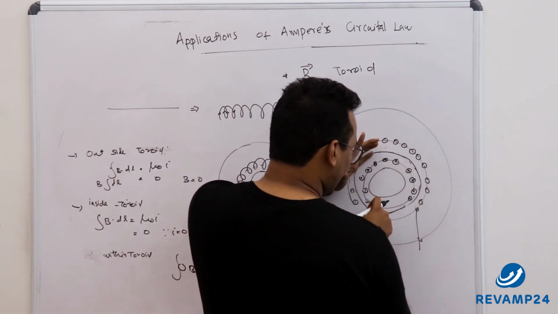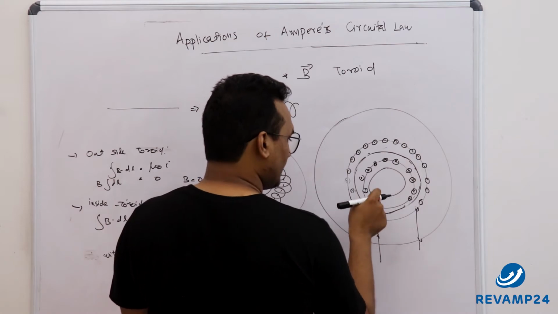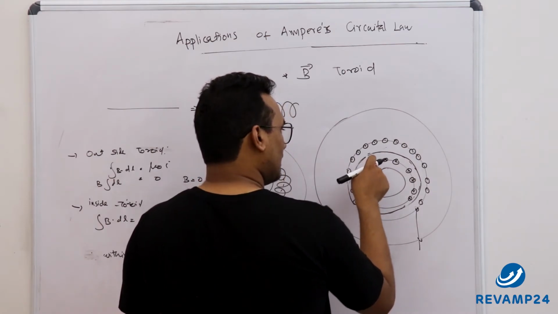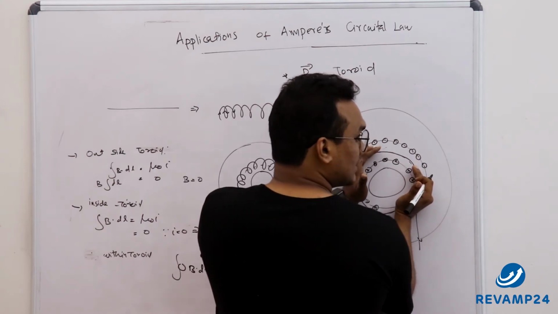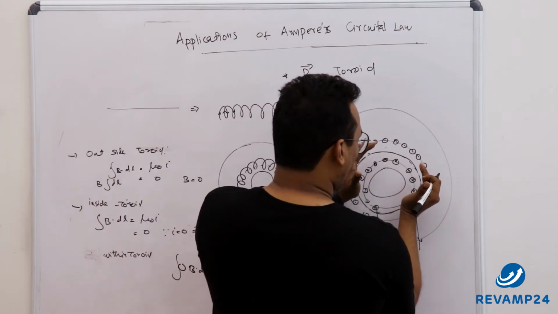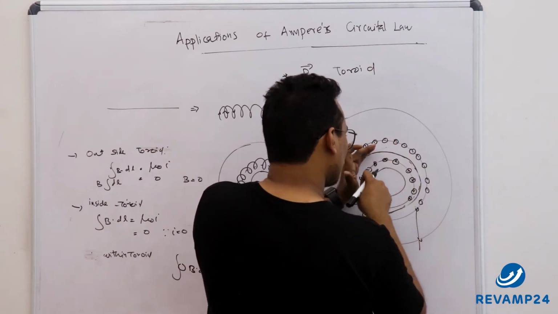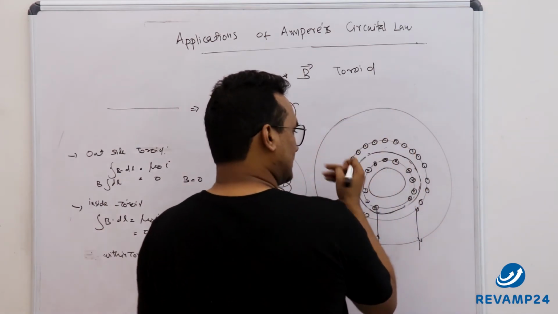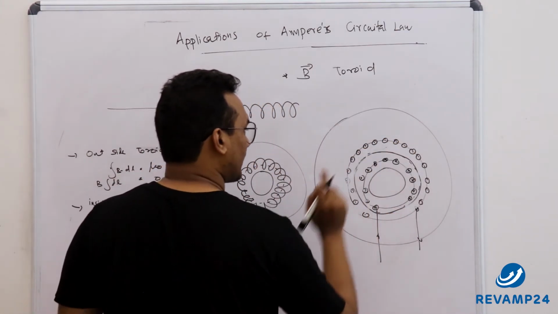All the current in each and every loop of this toroid is entering inside. Current is coming out, but not through the loop. It is not threading the loop. Only the currents going in are threading the loop. Going in, going in, going in. Coming out is there, but it is outside the loop. So I can consider all the currents.